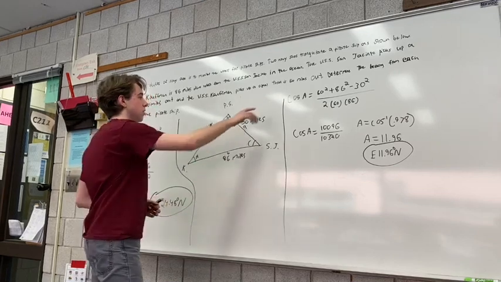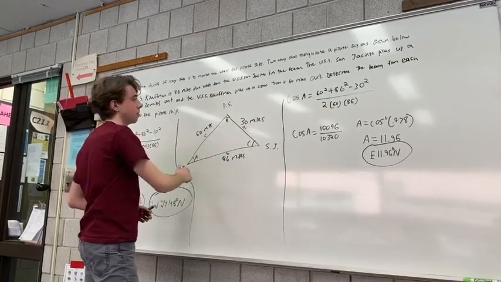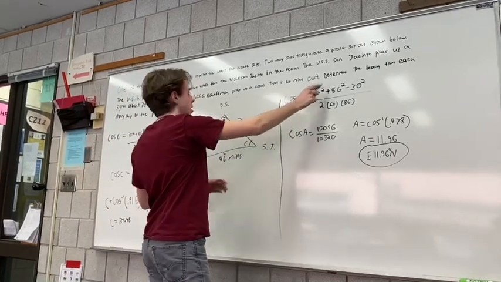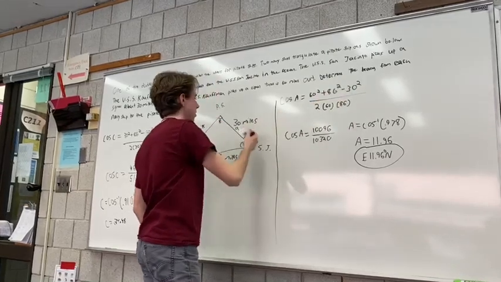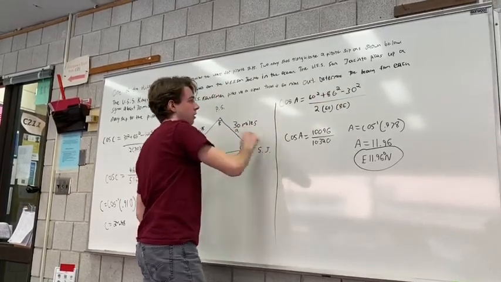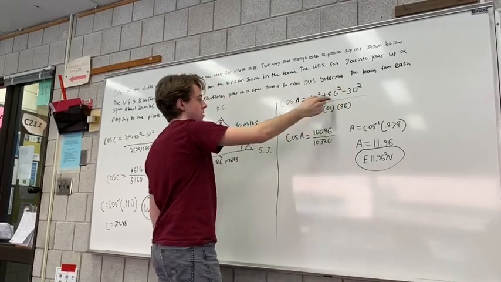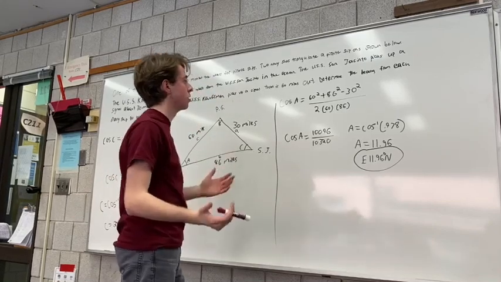So we can start off here with our cosine of A. We're looking for this angle here of the USS Kaufman. And so then we plug in 60 squared plus 86 squared minus 30 squared, because obviously 30 is A, and you're plugging A in here, and then you have B and C here, and B and C here, obviously, and following with the equation.